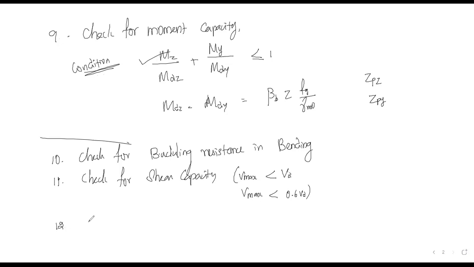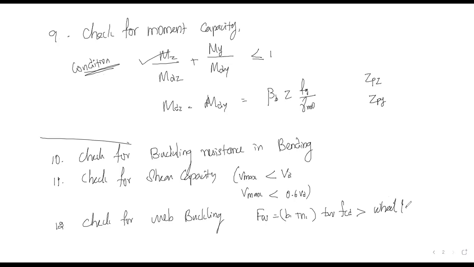Okay, so then 12th step is check for web buckling. For that the formula Fw is equal to (b1 plus n1) into tw into fcd, should be greater than our wheel load, which means it's safe.